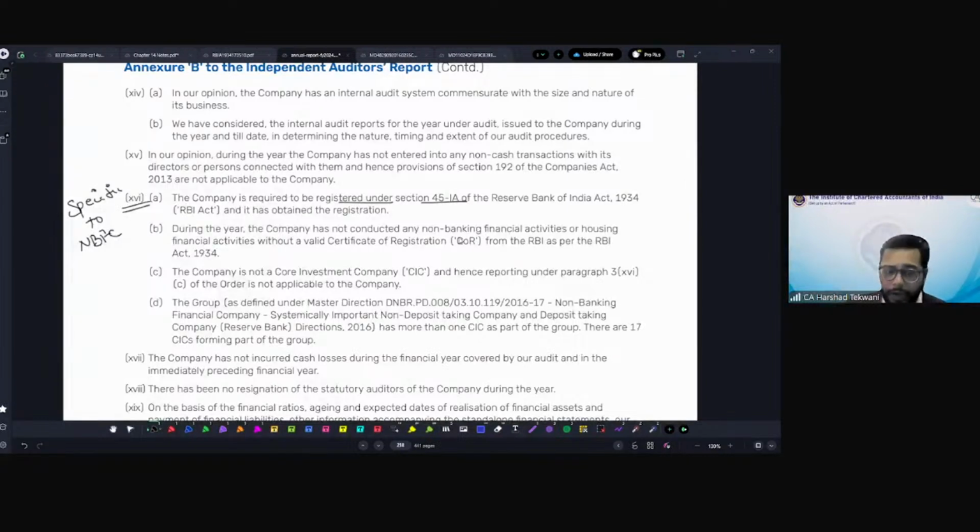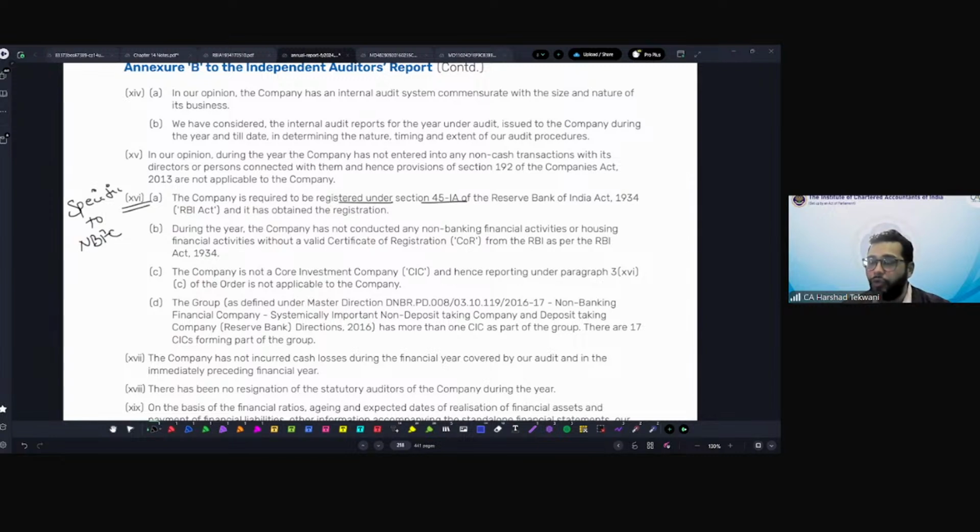When it comes to the audit of banks, it is something similar but a bit more detailed. I'll tell you why. When I say non-banking financial company, it still has a very limited amount of transactions compared to a bank. Now think of a bank that is performing transactions and you are going to audit that bank.